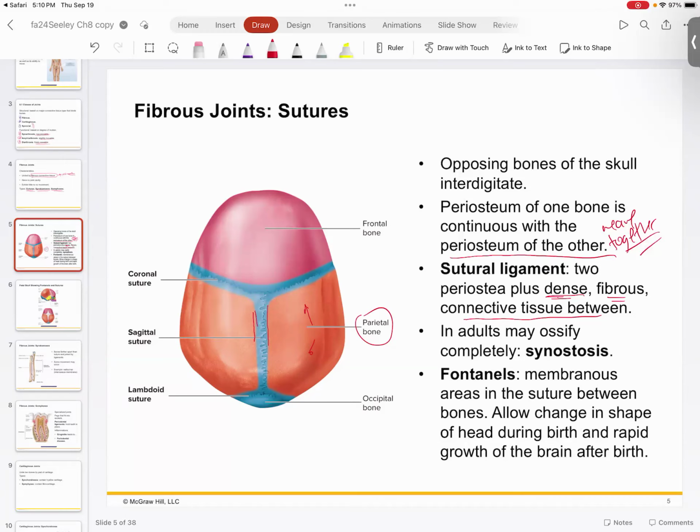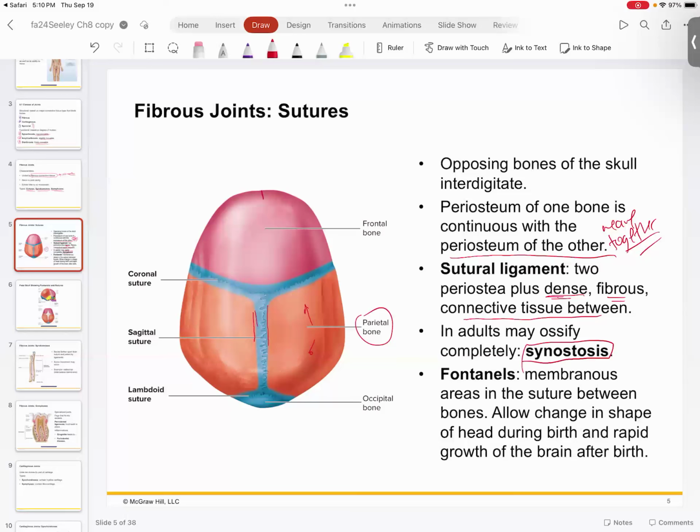Now, when you have a suture that gets pretty much solidly filled in, where they ossify completely, then we refer to it as a synostosis. And we don't have a whole lot of them. There's actually one in the temporal bone.